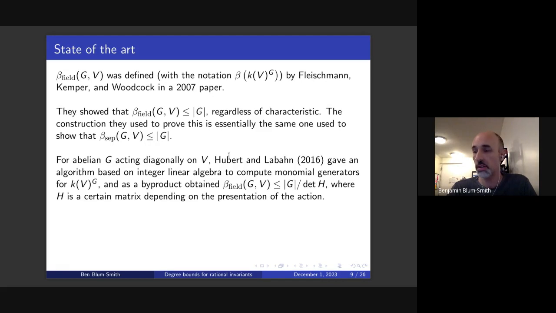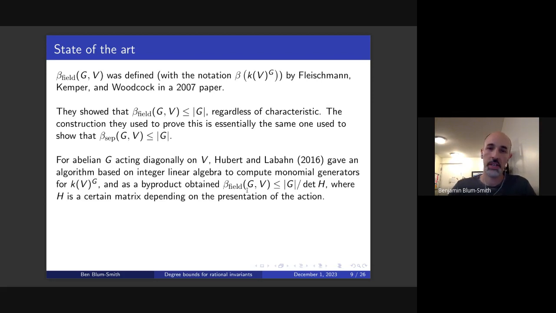That's one precedent. The other one that I found is a paper of Hubert and Labahn from 2016, specifically focusing on abelian G's acting diagonally. And they give an algorithm to compute monomial generators for the field of rational invariants.